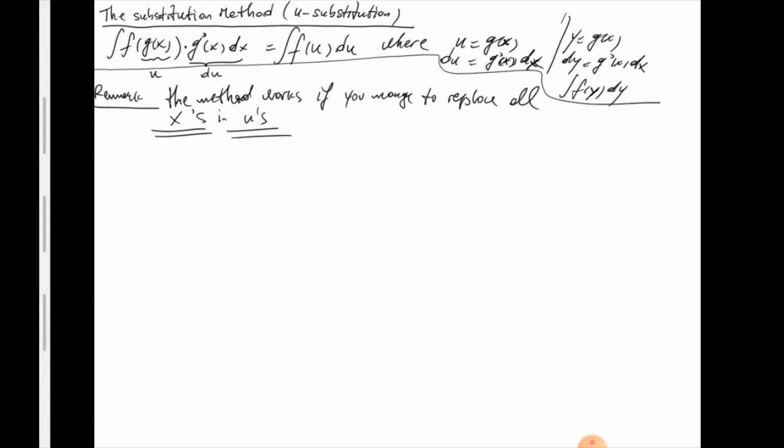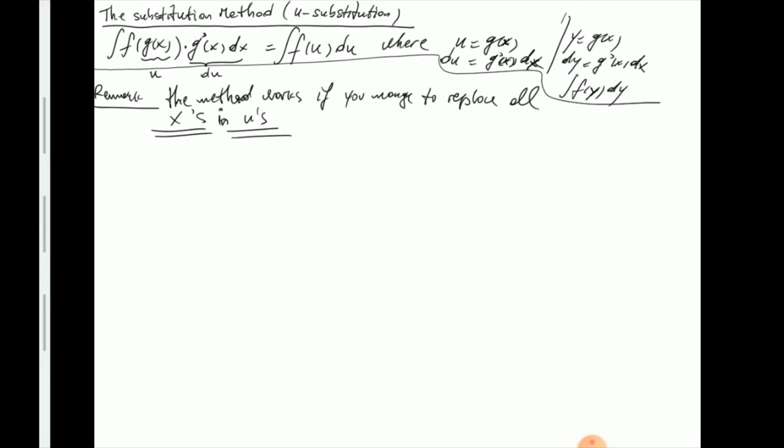So if you manage basically to cover everything in terms of the new variable. And of course, U substitution with a lot of practice can be recognized rather quickly. That's why it's one of the most used methods in calculus. I mean, it's one of the most widespread ones, because it's kind of like a reverse of the chain rule to an extent.